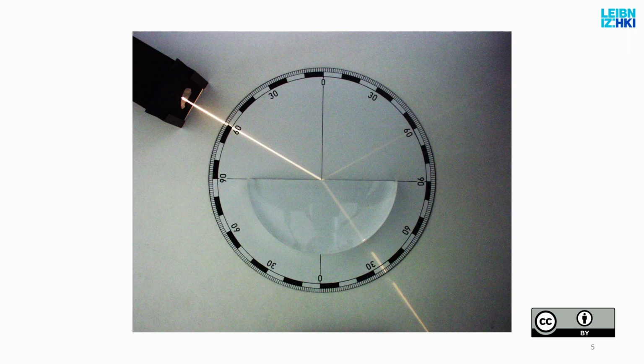There will also be some reflection from the surface. So when light comes from a lower refractive index medium to a higher one, there will also be some reflection. We will talk about this later, but right now this is the main point of the message.